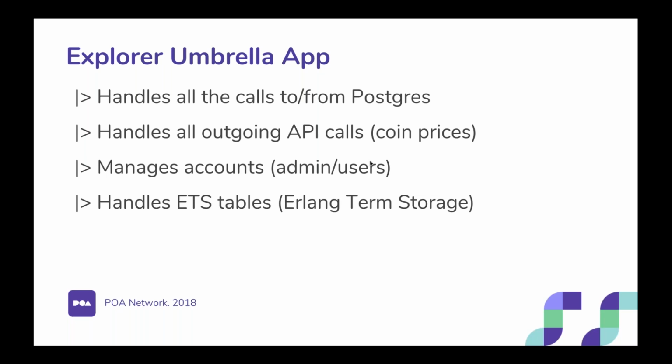We also store, so we've had a difficult time actually with our count queries from Postgres. It was actually the longest processing time that we've seen, and we needed to do something about it. So we decided to use the Erlang term storage tables in order to hold this information in memory and then be able to call it in a very quick fashion.